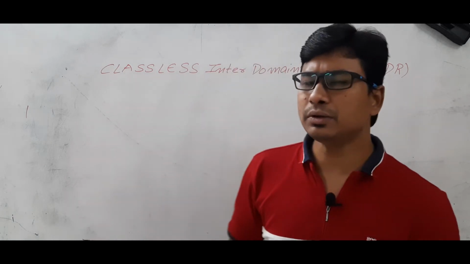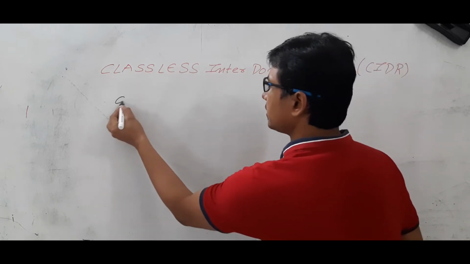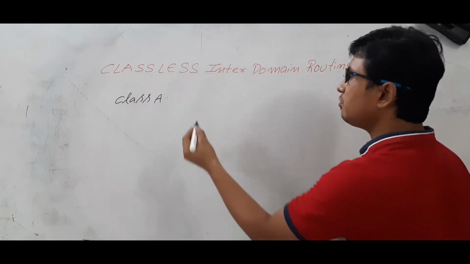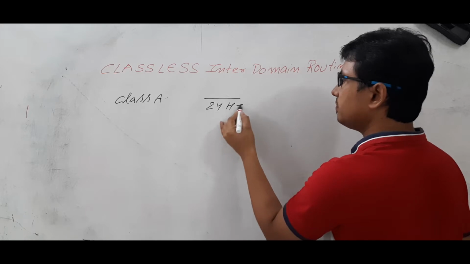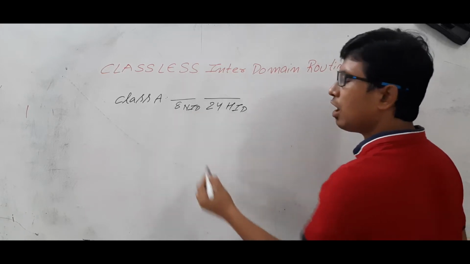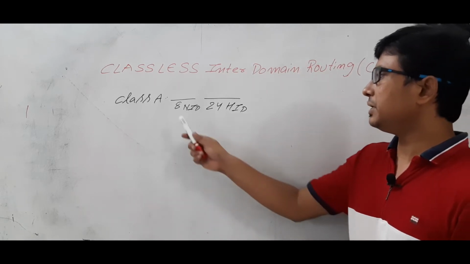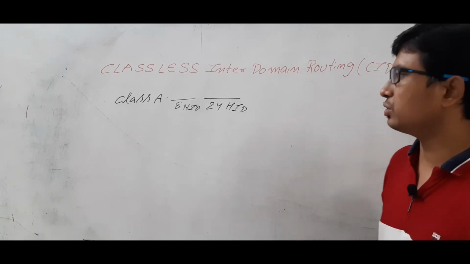Coming to class A, in classful IP addressing, out of the 32 bits of the IP address, 8 bits are allocated for the network ID and 24 bits are allocated for the host ID.